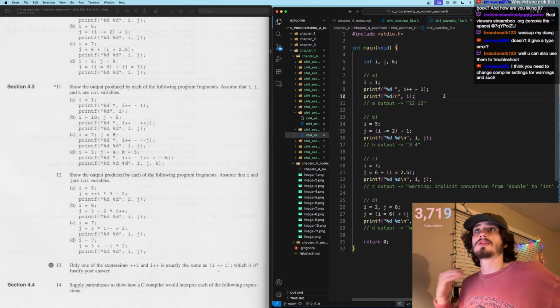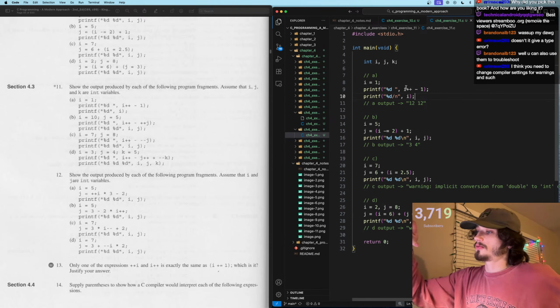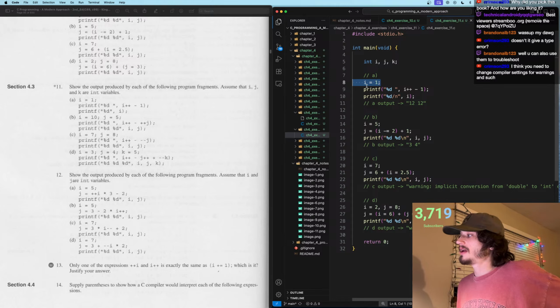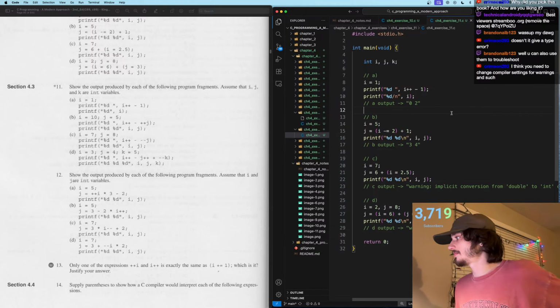So think about at the end of a loop, when you do I plus plus, that line ends and the loop starts over, and I is now read at a new value. But in this line, I is going to be interpreted as 1. And then in this line, I will increase. So I plus plus will say 1, minus 1 will return 0 into this first integer, and then the second integer will reflect the I plus plus, and we're going to say this is going to be 1. Or sorry, this is going to be 2, because we're going to be increasing it.